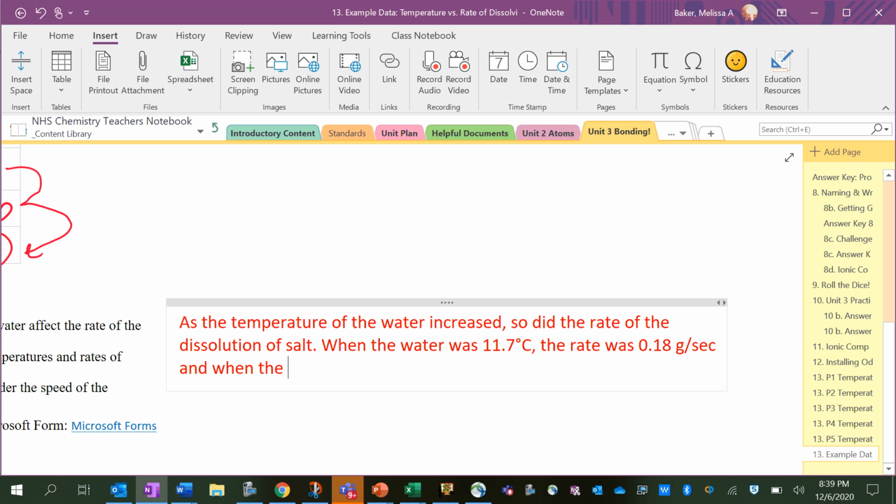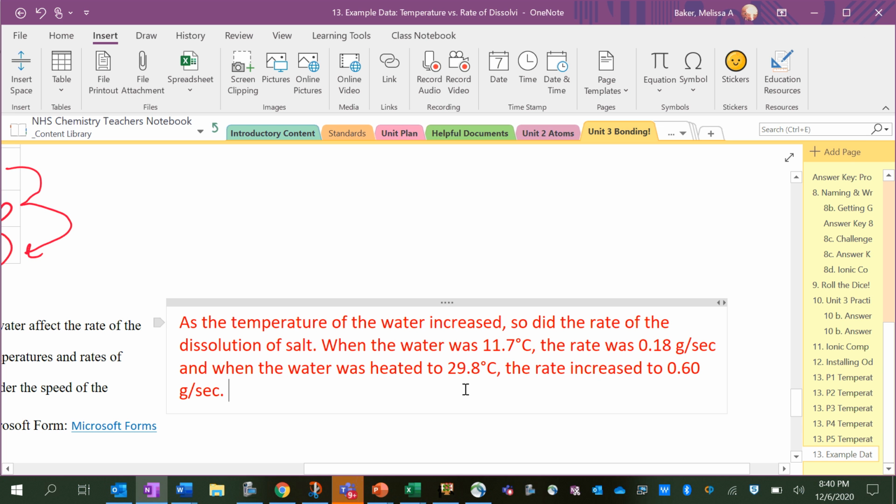And when the water was heated to 39.8 degrees Celsius, the rate increased to 0.6 grams per second. Notice that I'm just citing the lowest and the highest data point to show the trend.